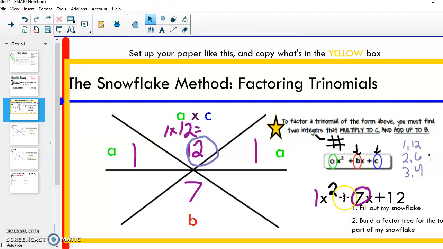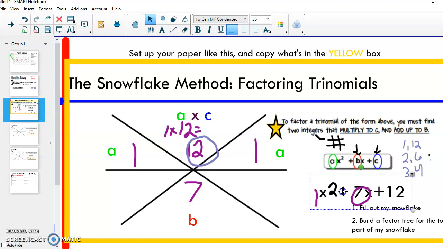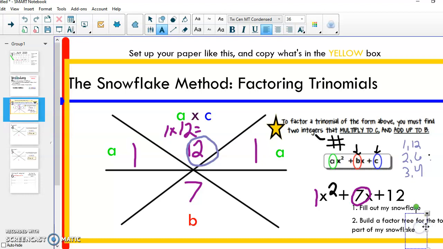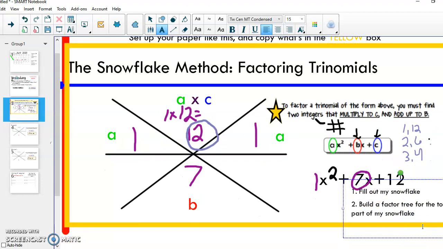And the next part that I need to think about, for my step 3 and kind of our last part to fill in our snowflake, is to go ahead and think about using the factor tree to fill in the rest of the snowflake.